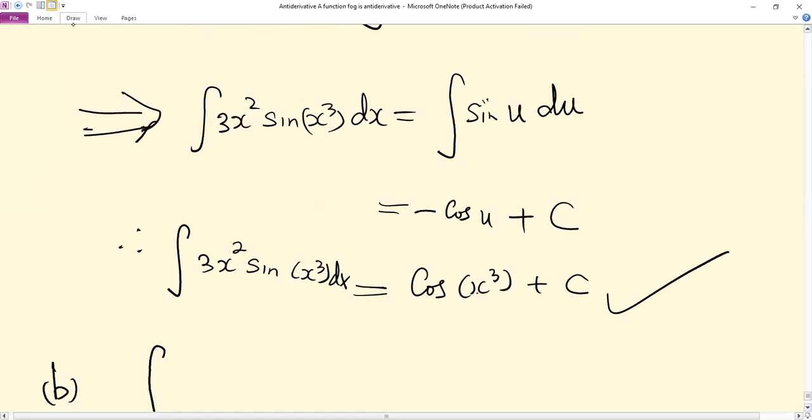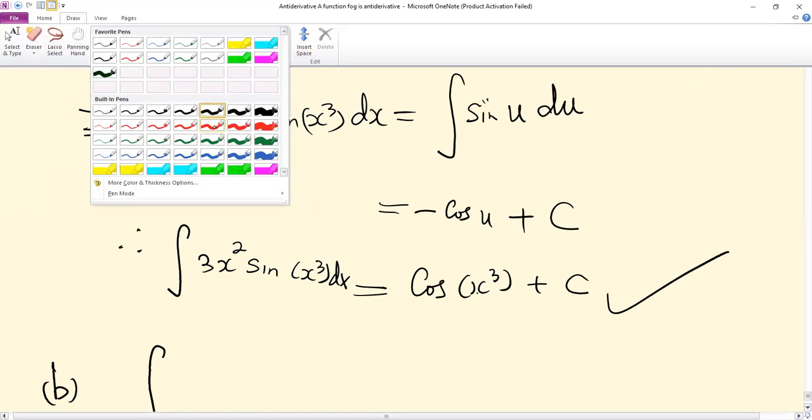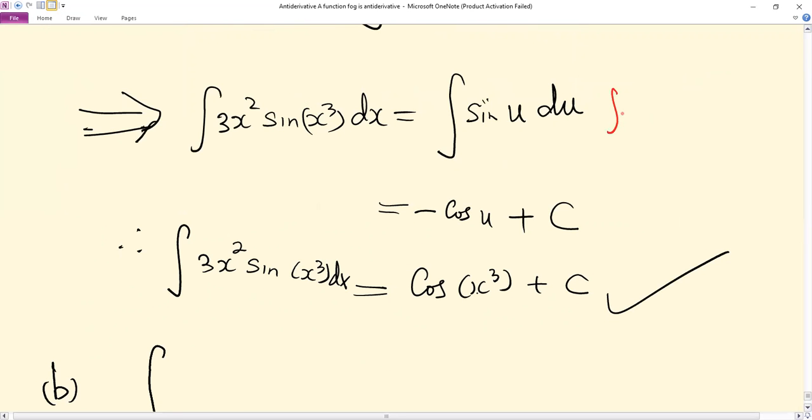Please note that integration of a sine function is a negative cos function, and integration of a cos function is a positive sine function. So that should be clear. So there's a negative sign here.